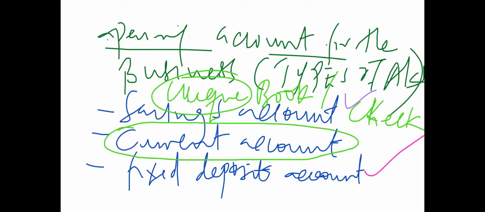And because someone is going to ask himself or herself why do I need a checkbook? A checkbook will allow you to save time. In other words, if you want to pay a supplier, there is no need for you to be moving to the bank and lining up in those different lines because you want to access money.